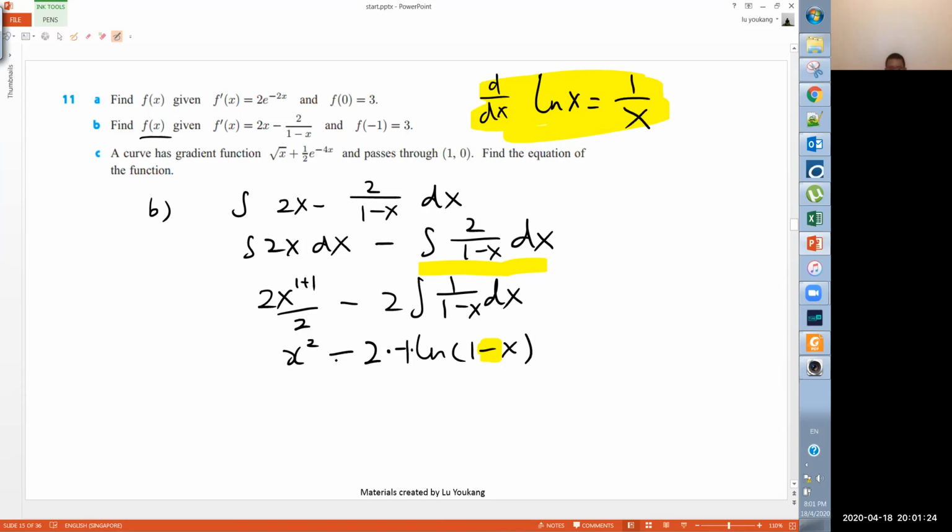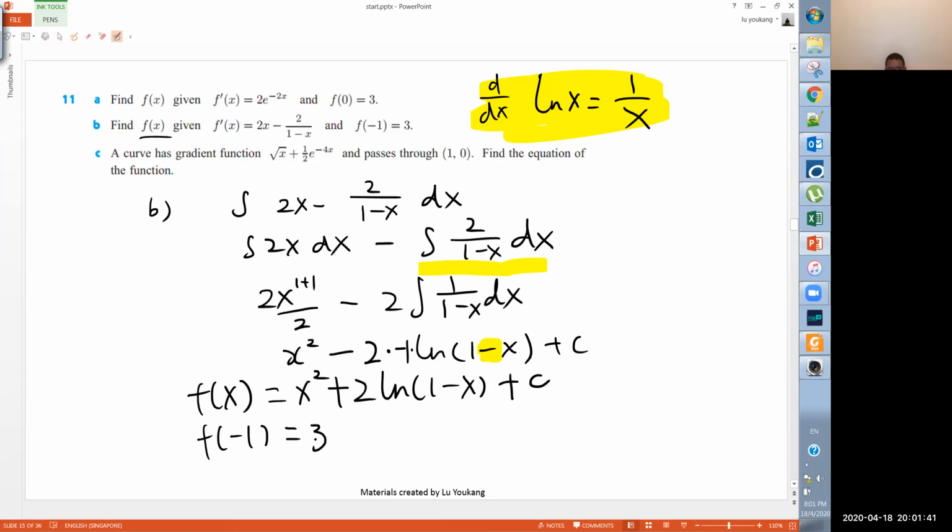Okay. So therefore you get this as a result. So this is your f(x). So they say f(-1) is equal to 3. So you put minus 1 into it. Minus 1.